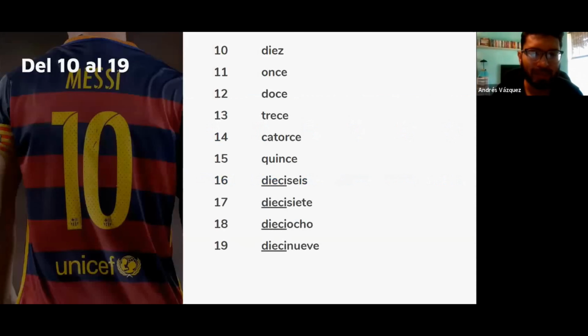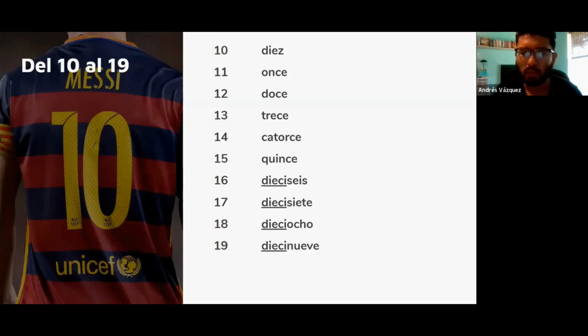And then again from 10 to 15 also, because there's really very little clues for us to recall what those numbers are. So 10, 11, 12, 13, 14, 15. After that, once we have that ready, I think everything else is just remembering the patterns that we talked about.